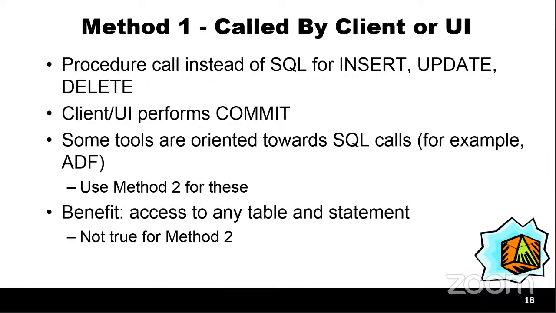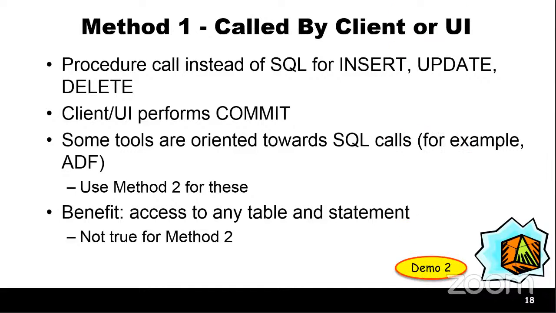The benefit of method 1 is that you can access any table or statement because it's a procedure call. When you use a view trigger or some trigger, as in method 2, you're limited in insert, update, delete by the mutating tables problem. That has to be considered for cross-row and cross-table access.